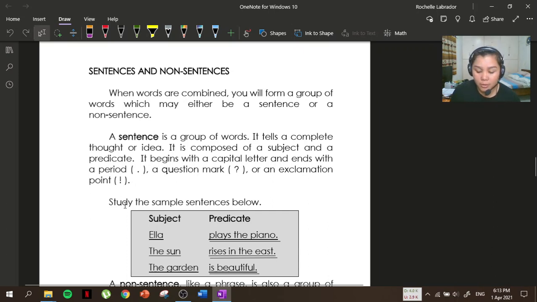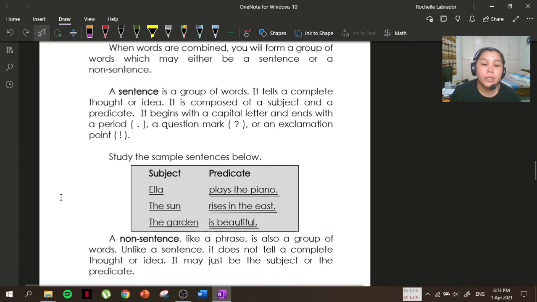Tapos na yung expression. Okay, study the sample sentences below. So it will tell us which one is the subject and the predicate. So as I have mentioned, these are simply the parts of a sentence. Pag ito, if both of these are present, it means it is a sentence. So like for these examples given, Ella plays the piano. So this is a complete sentence. Why? It has the subject Ella. So it means who or what is being talked about. Ano bang pinag-uusapan sa sentence? So this is what subject means.